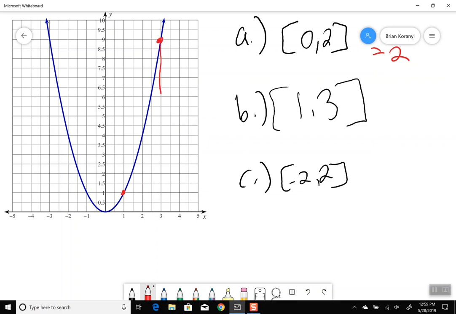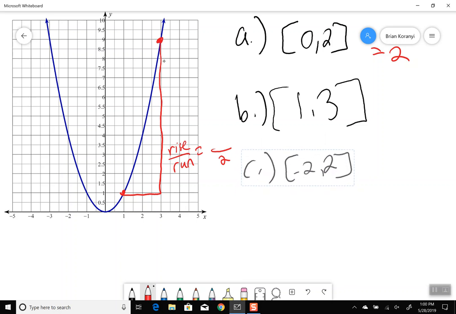And that rise and run, I ran 1, 2, and I ran in the positive direction, so it's a positive run. And I rose from 1 to 9, so that's 8 altogether, because it went 1, 2, 3, 4, 5, 6, 7, 8. 8 over 2 is 4, so my speed's kind of increasing as I get bigger.